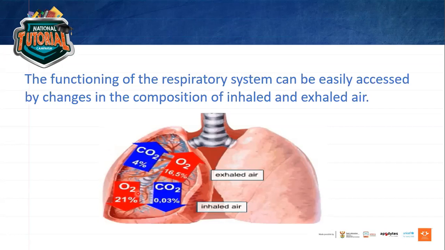And now with oxygen, let's look at oxygen. You had 21% of oxygen that you inhaled. But when you exhale, there's about 16.5% that is being exhaled. Why is that? Oxygen is required in your body. The difference here of this oxygen actually functioned in the body. It was involved in other processes.